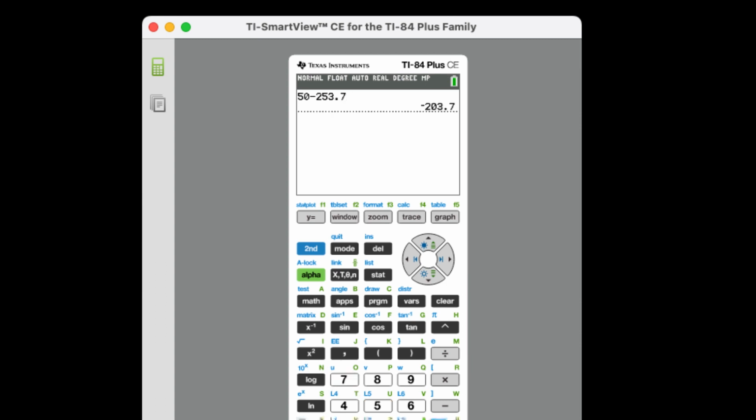And you end up with negative 203.7i. And then let's do the other addition, right? 86.6 plus 92.3. 178.9j.